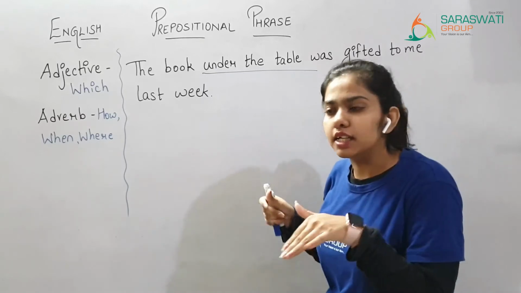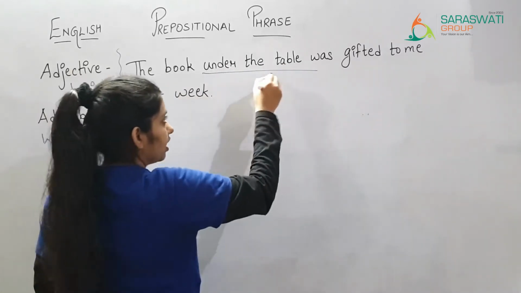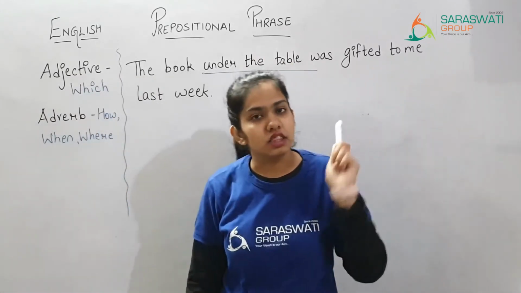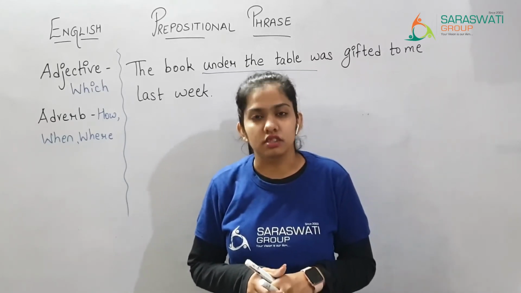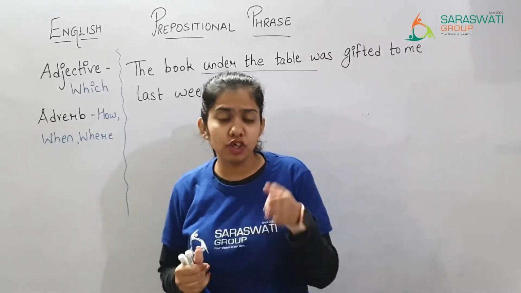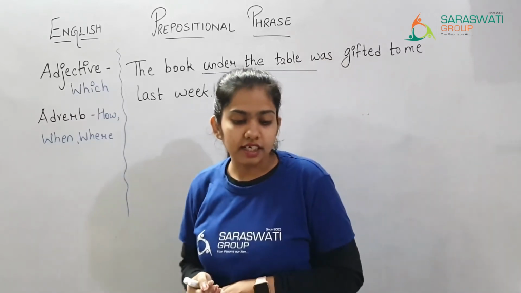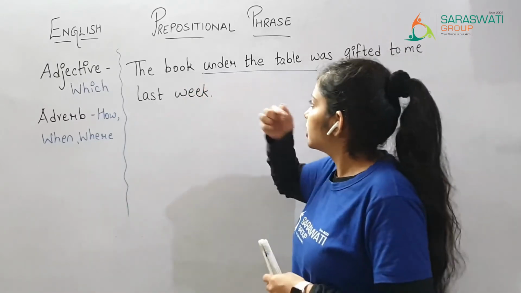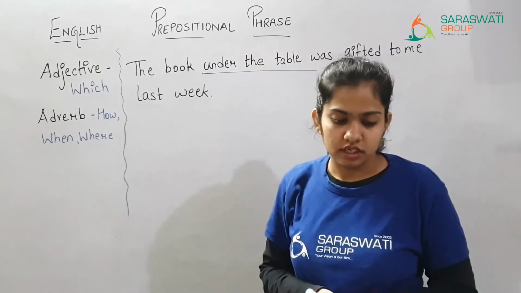Book under the table. So over here under is the preposition. Table is the object and the becomes the modifier, right? I hope that you are getting what prepositional phrases are, that it clearly indicates where the book is, because over here it is clearly indicating that the book is under the table, right?